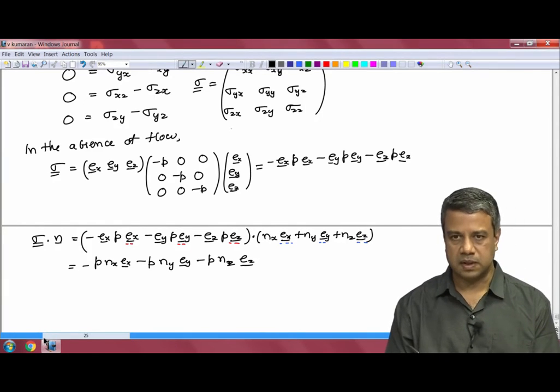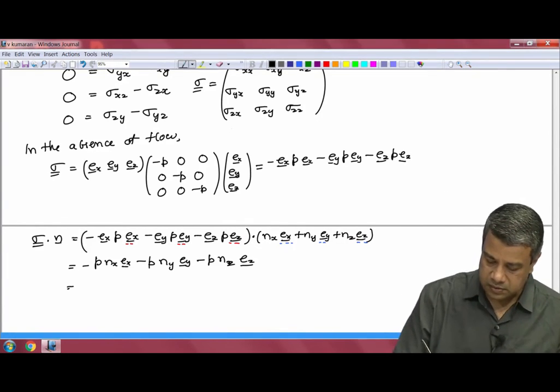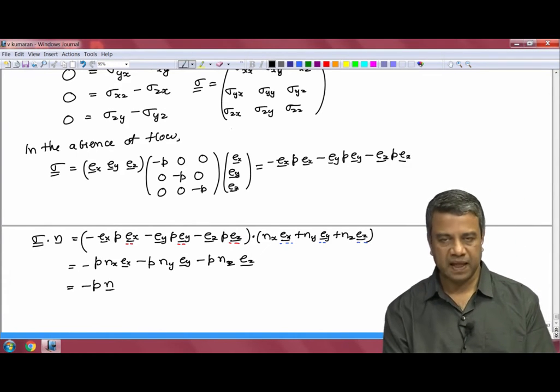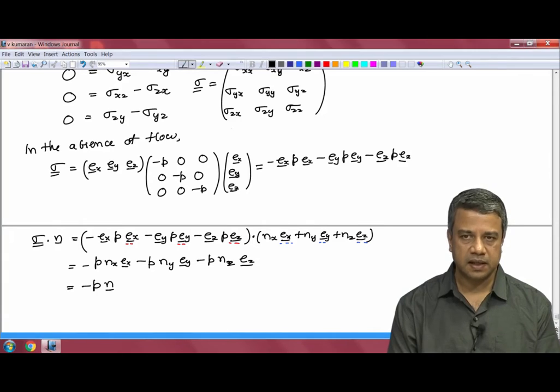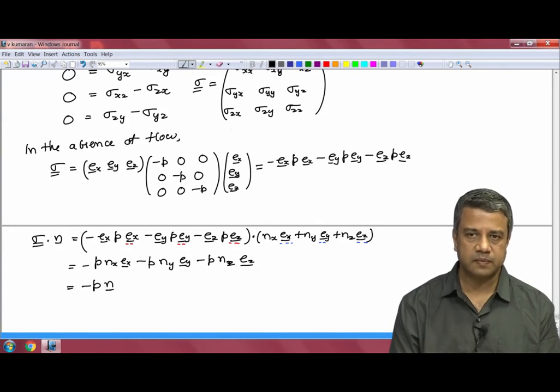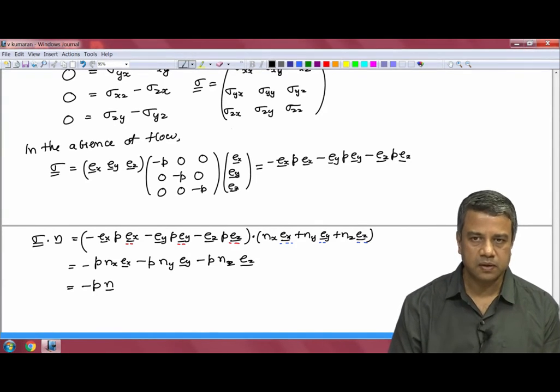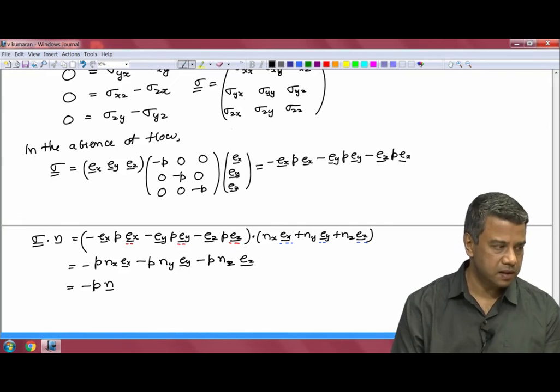Just doing the dot product. And this is equal to minus P times the n vector. So, due to the pressure, the force per unit area acting at a surface is equal to minus the pressure times the outward unit normal. So, it is acting along the inward unit normal.